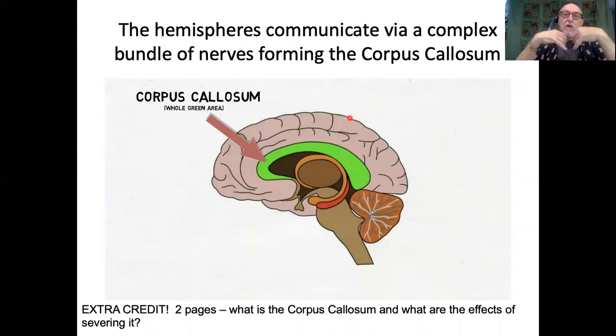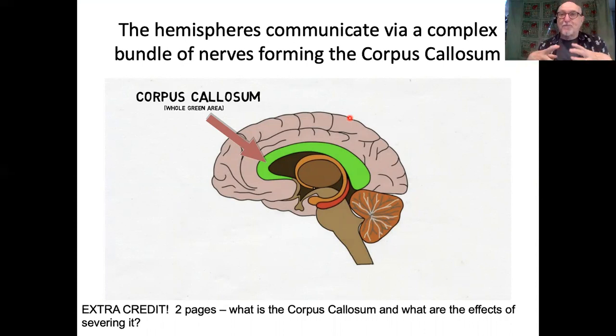But the two cerebral hemispheres actually communicate with one another extensively. This communication between different areas of the brain is what constitutes the computing power of the brain: different areas of the brain talking to one another, processing different things, sensations, etc., chattering to one another across the whole of the brain.